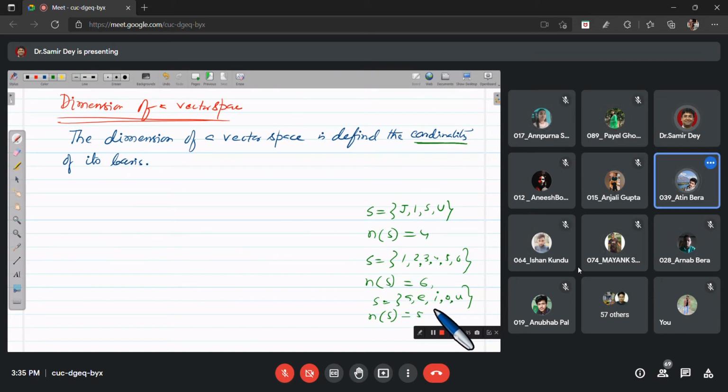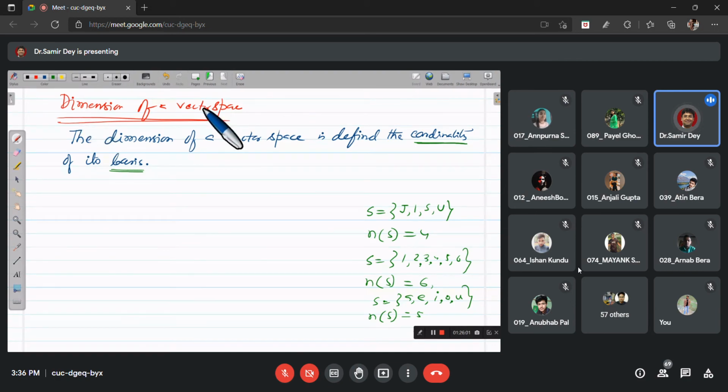So now, first, to find the dimension of a vector space, you first have to identify its basis. A basis means a set of vectors. Then you have to check how many vectors you have in that basis. So this number is the dimension of the vector space.